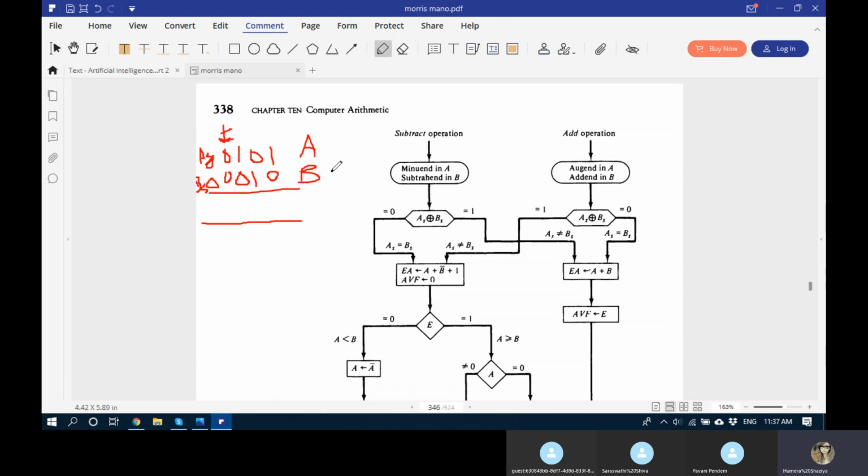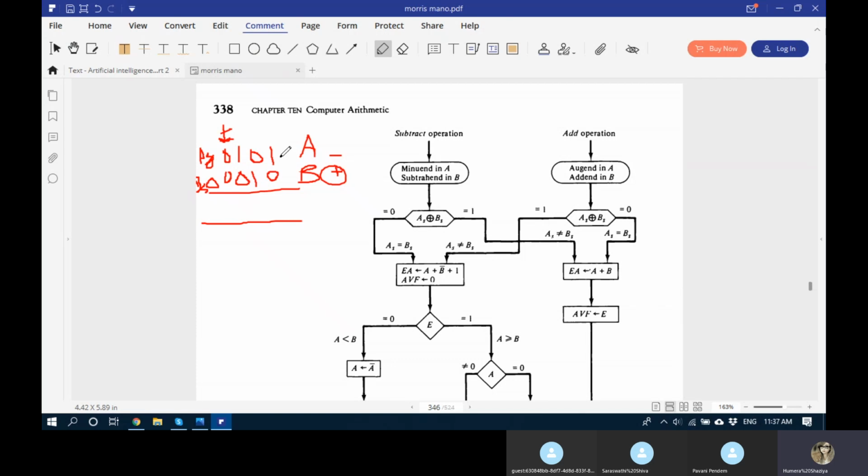If you have to perform A plus B, then the upper number is called augend, the lower number is called addend. This is augend, this is addend. In case you perform a subtraction, this is called minuend, this is called subtrahend.